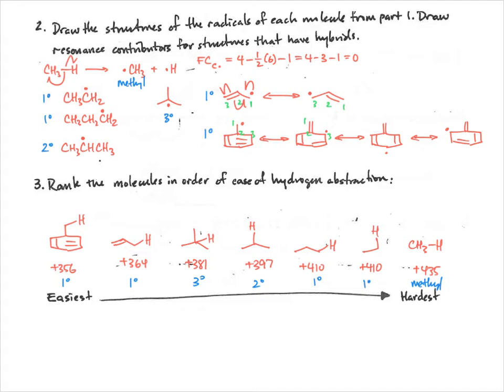So in general, the radical stability order will follow that order, but what you have to consider is when it's primary, such as in these cases, if it can have resonance, it sort of leapfrogs in front of the tertiary. So this is where the eye for detail comes in.